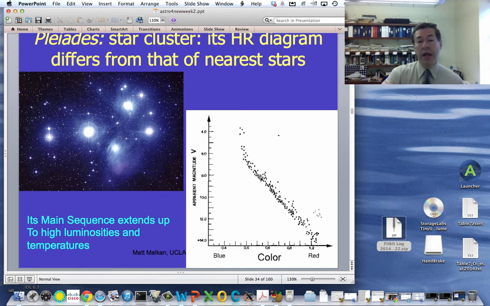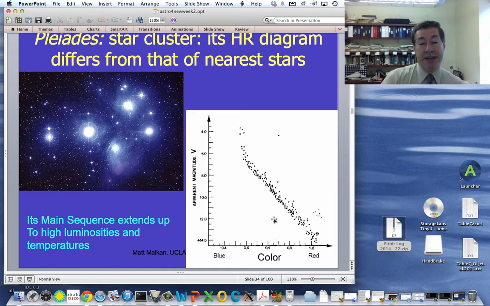One determines the other. Or if I told you, for example, this is kind of fun, that I had a star in the Pleiades that was right about here, that color there, which sort of corresponds to white, that color corresponds to the temperature of a star of the same surface temperature as the sun.